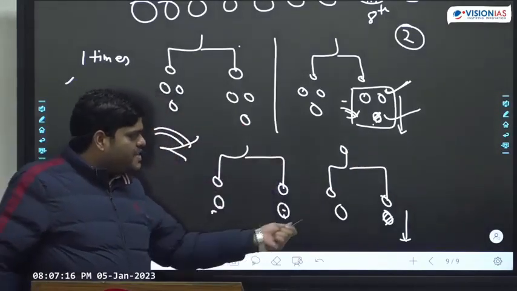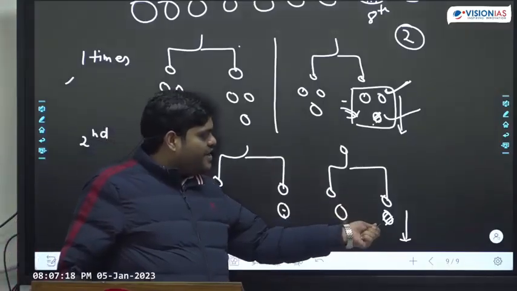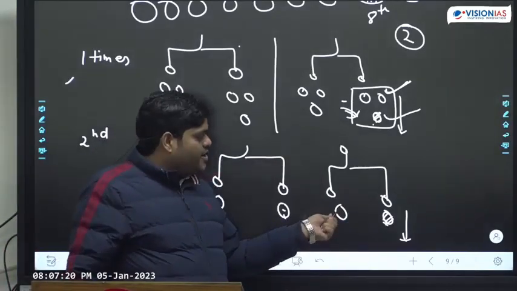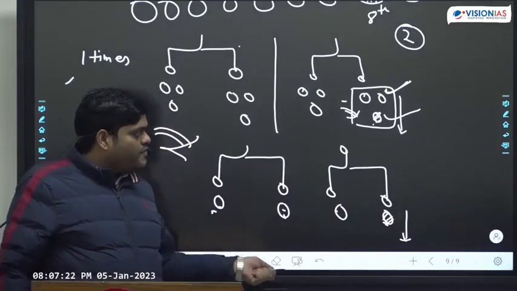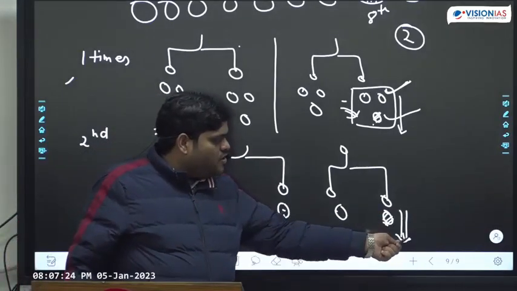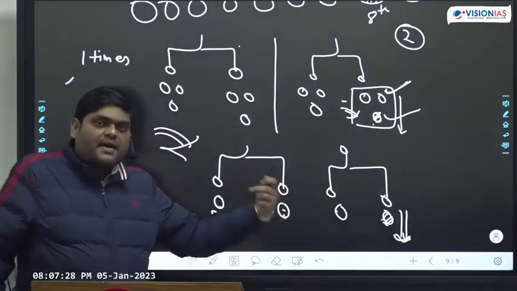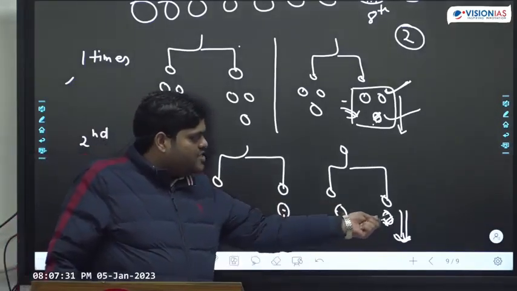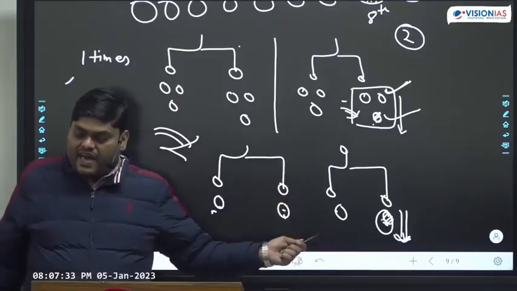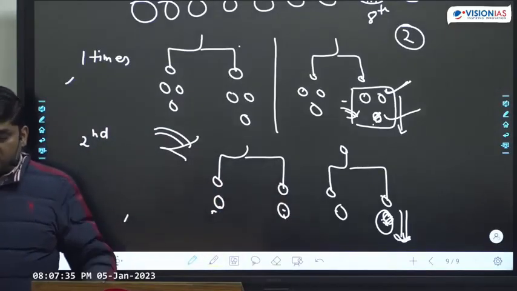The other possibility is that one ball is heavier when I put it on one side and a normal ball on the other side, so this side will be down because this is the heavier ball. So again we are able to find out which ball is the heavier one.